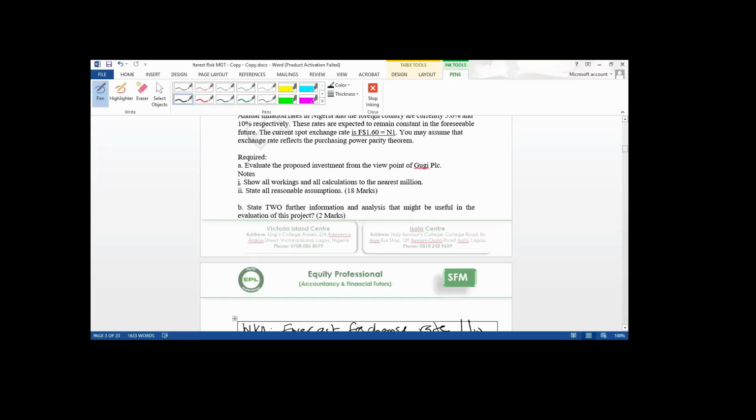Fluctuation in inflation rates will affect our computation. Our assumption is that inflation in Nigeria will be 5.6% and inflation in the foreign country will be 10% for the next 4 years.